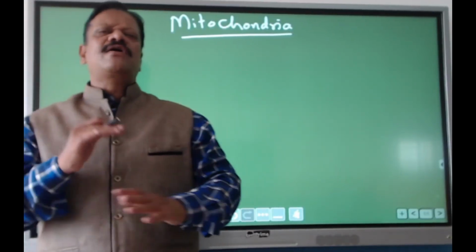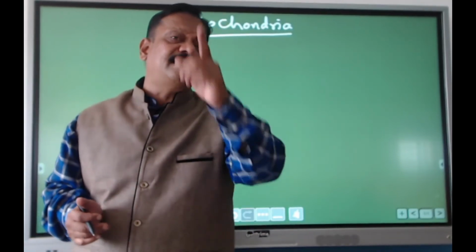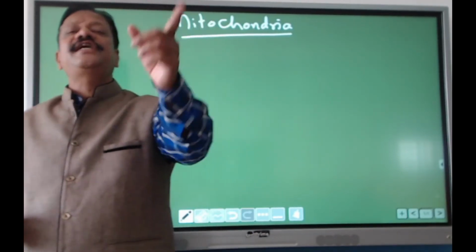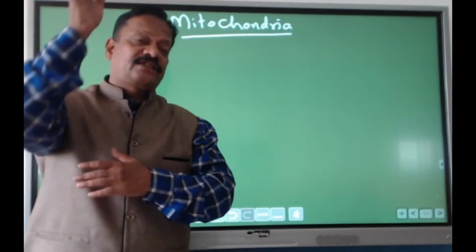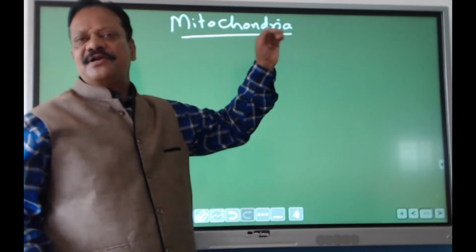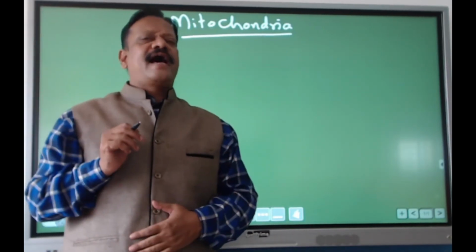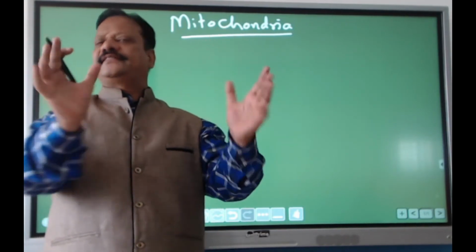Why are we calling it the powerhouse of the cell? Because it is synthesizing energy in your body, and when that energy is produced, it is stored in the cell inside the mitochondria. So I am calling the mitochondria a bank of energy in the cell.